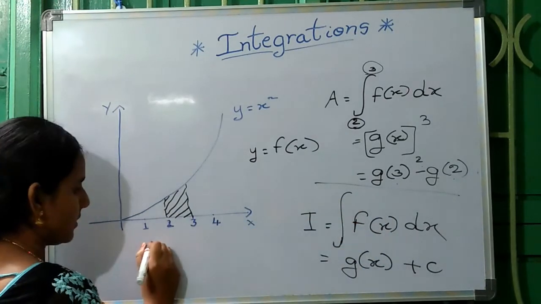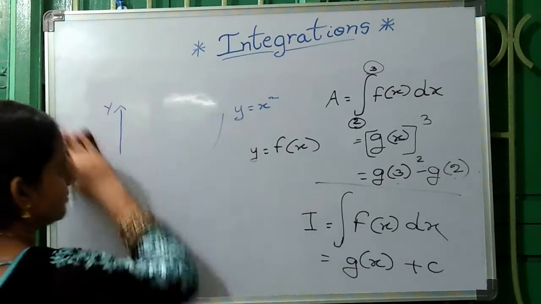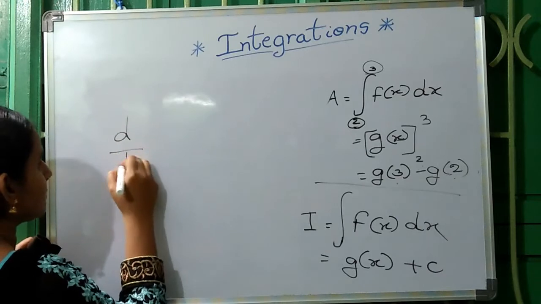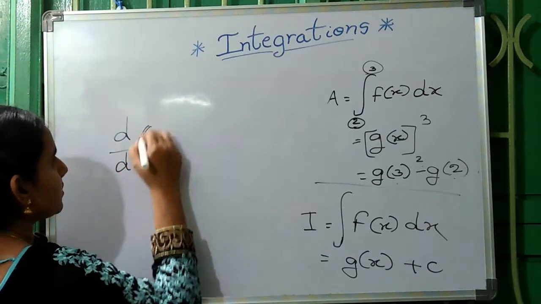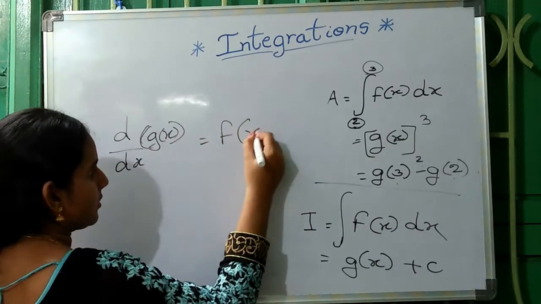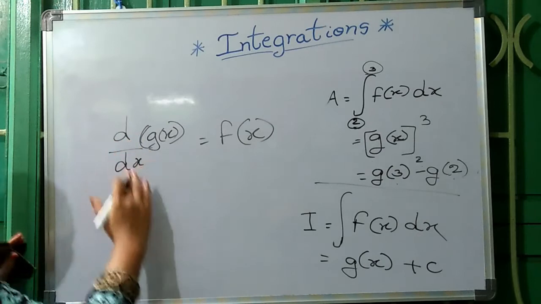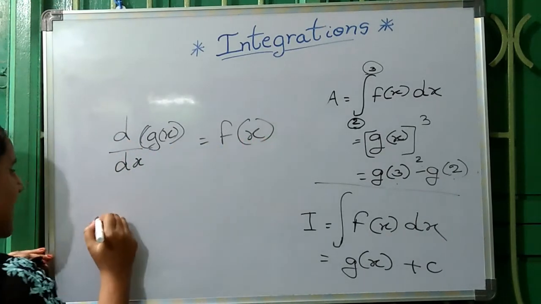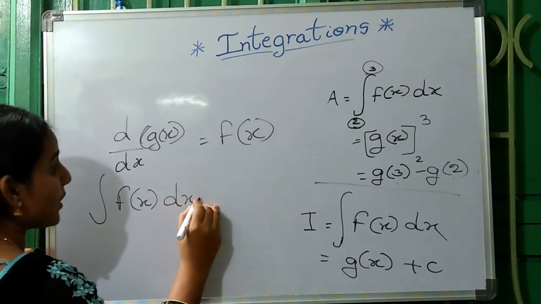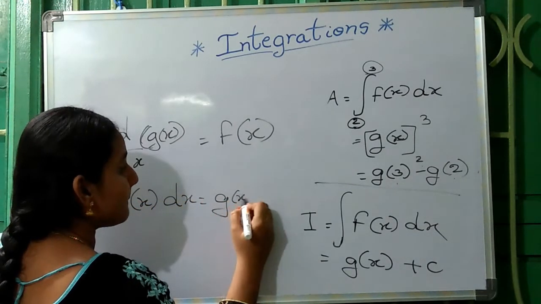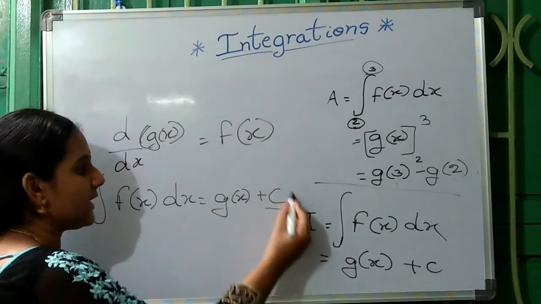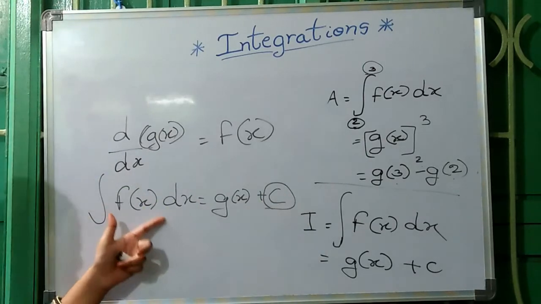That is, d by dx of g of x is equal to f of x, whereas integral f of x dx is equal to g of x plus c. Now let us see the reason for getting a constant like this in case of indefinite integration.